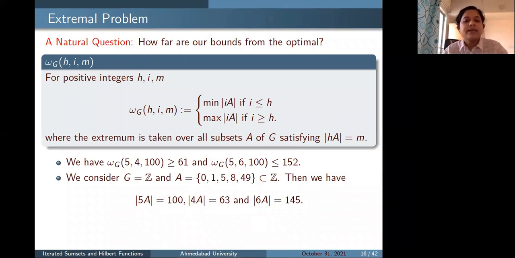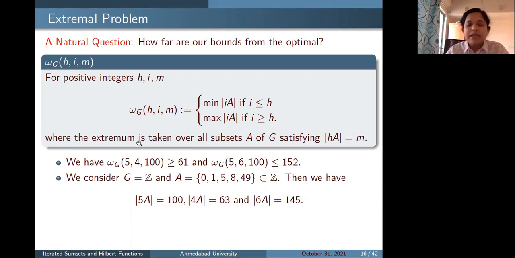Well, for investigating that, we introduce an extremal function which we denote by omega G of h, m, where h and m are positive integers. It is taking the value minimum of cardinality of iA for i less than or equal to h, and the value maximum of cardinality of iA for i greater than or equal to h.